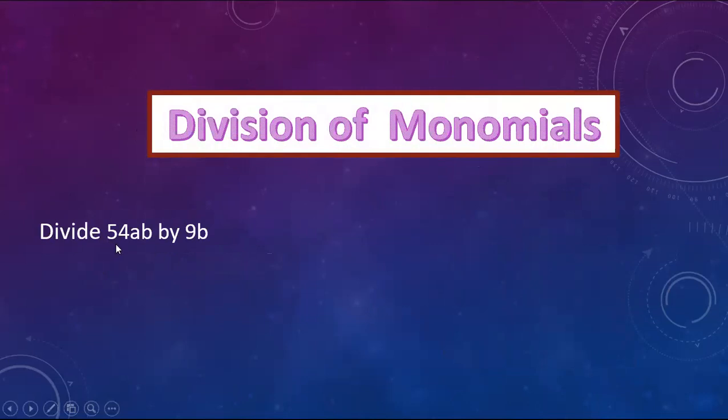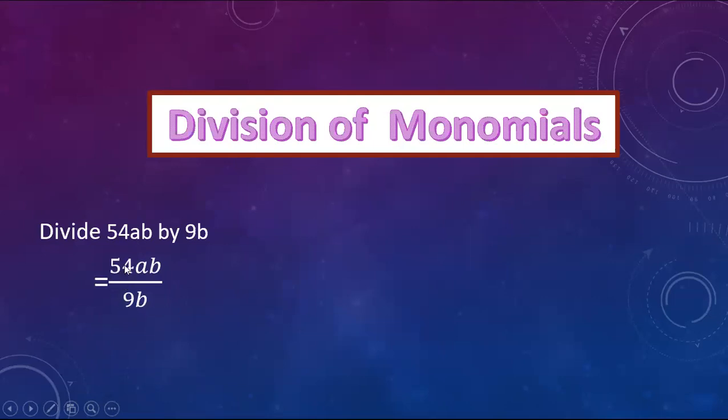For example, here the dividend is 54ab and the divisor is 9b. Okay, we have to divide this dividend by this divisor. So we have to write the dividend in the numerator like this and the divisor in the denominator, right?